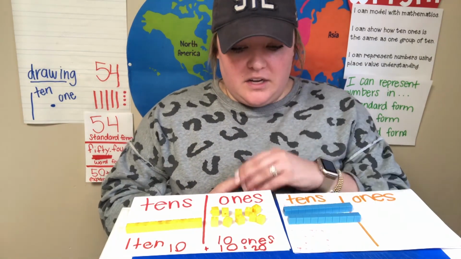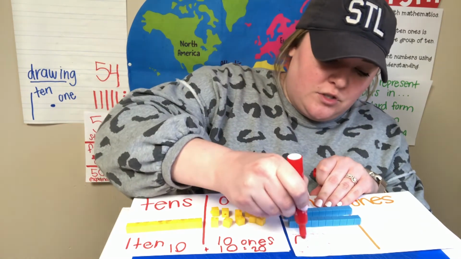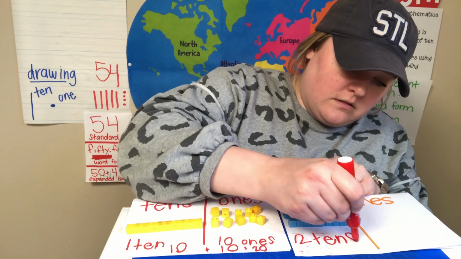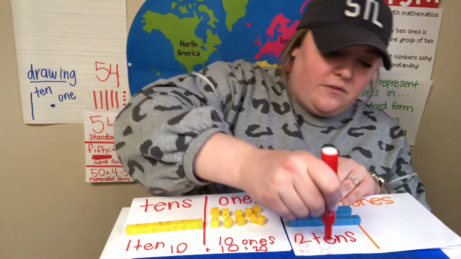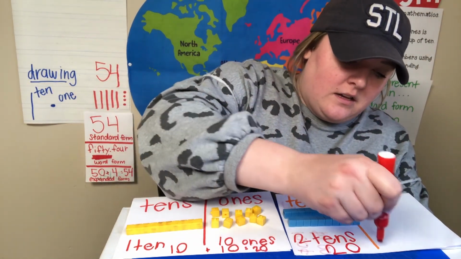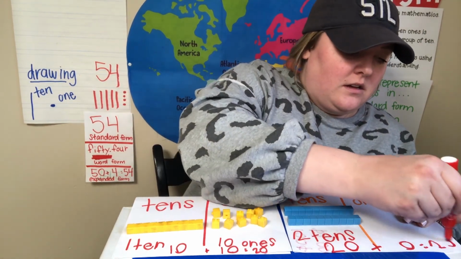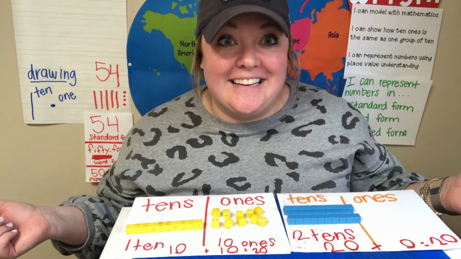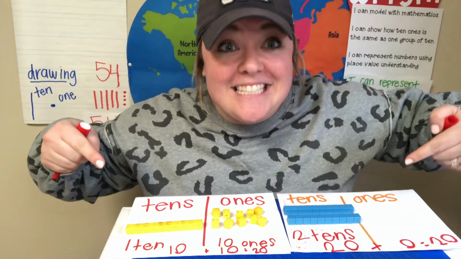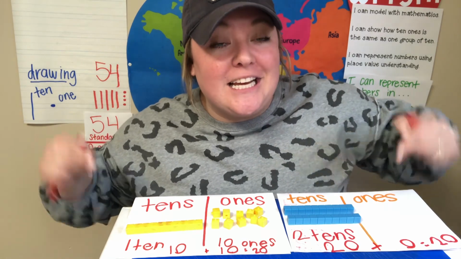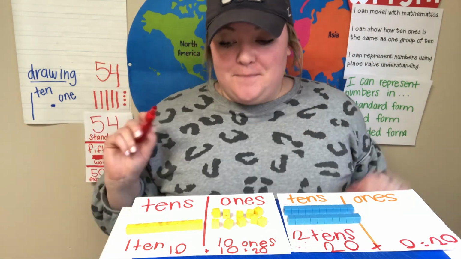Okay, now over here, we have 2 tens, and expanded form is 20 plus 0 ones, which makes 20. So this is the same number. It's the same number represented in 2 different ways.